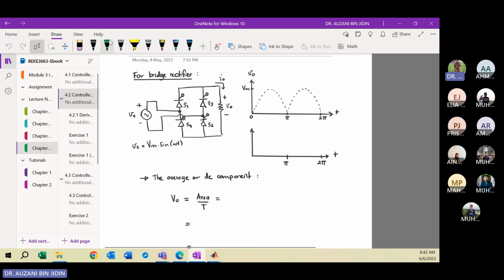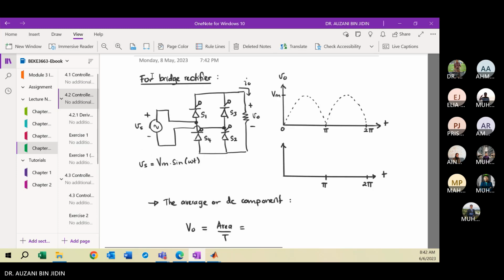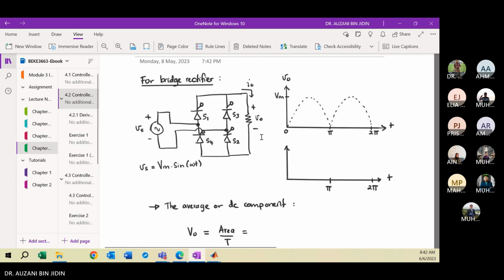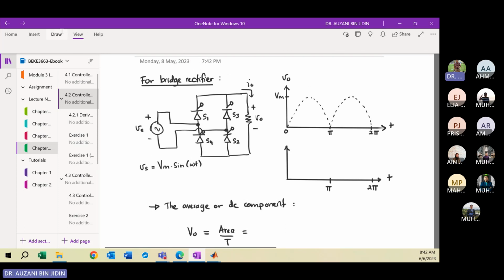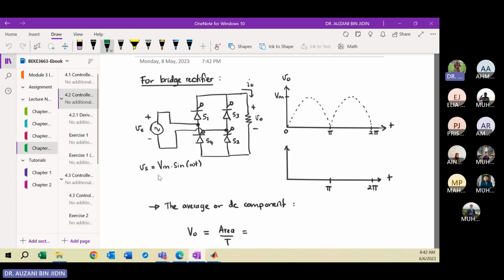Okay, this is the full bridge. Remember, the source voltage is the sine function here. Firstly, you need to know how to sketch the output voltage. So we first consider the load to be an R load, a purely resistive load.